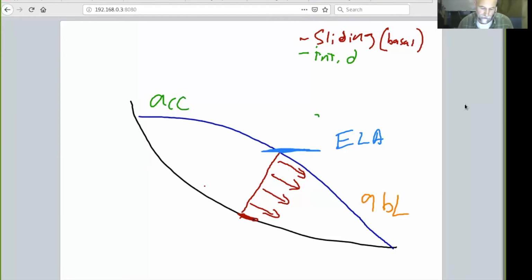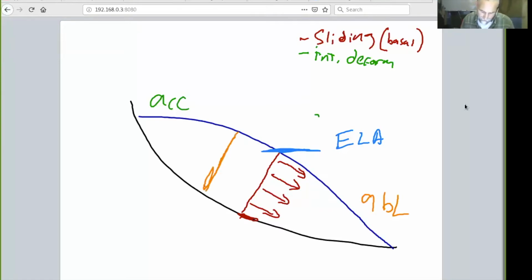Now, there's also another mechanism by which this ice is moving, and that's internal deformation. This internal deformation comes from the viscous response to stress. Internal deformation gives rise to a much different flow profile. I'm going to draw an internal deformation profile upstream a little bit. Actually, you know what?